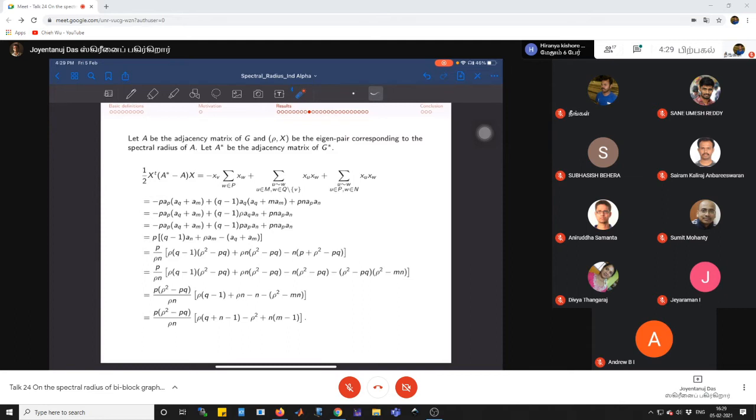This term is minus because we are deleting the edges between the vertex V and the partition P, and these two are plus because we are adding edges. That is, U adjacent to W, where U belongs to A and W belongs to Q minus V, and this also we are adding. I am not going into the detail of the proof. Using the adjacency relation I showed you before, you can show that this is greater than or equal to 0. So this will increase the spectral radius.